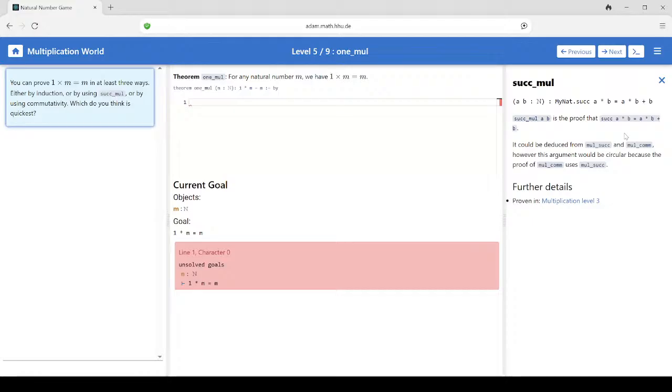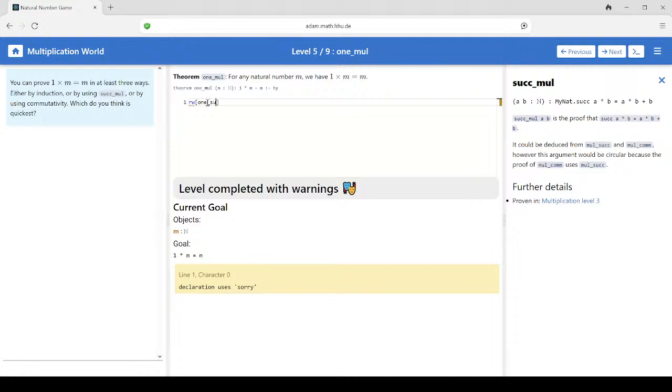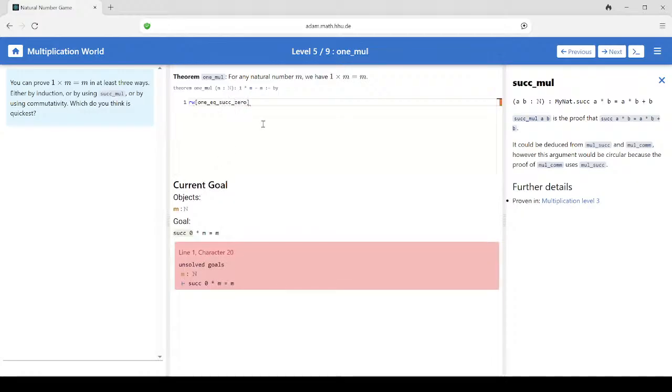Now, why does that work here? We don't have a successor. Oh, we can make it the successor. We can turn 1 into the successor of 0. And now we have a successor.